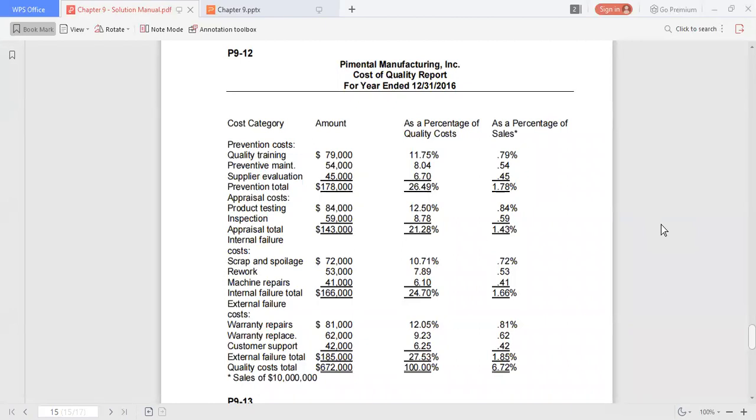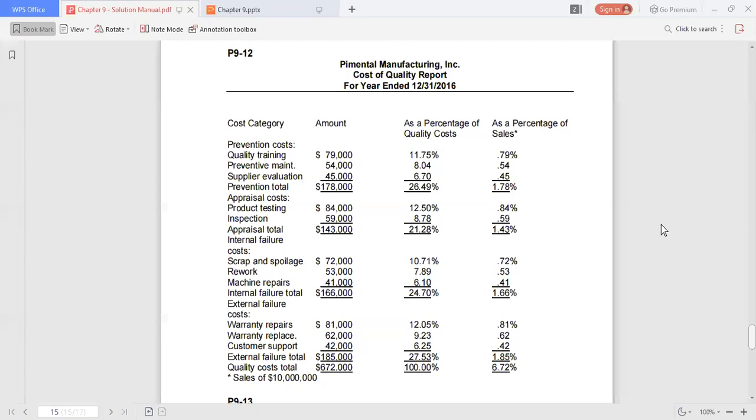Then product testing is under appraisal cost. Customer support is under external failure. Rework is under the category of internal failure. Quality training is under prevention. Preventive maintenance is under prevention. Machine repairs are under internal failure, and warranty replacement is under external failure.